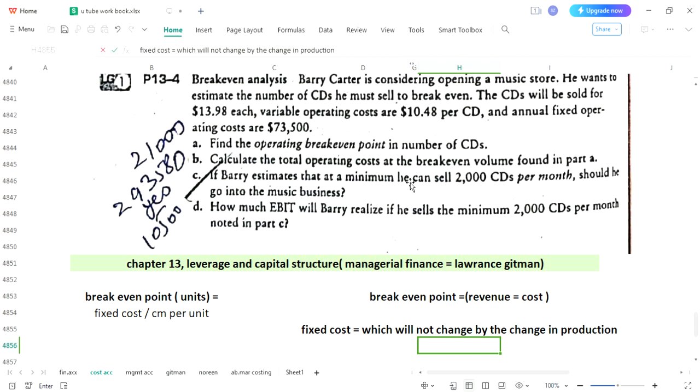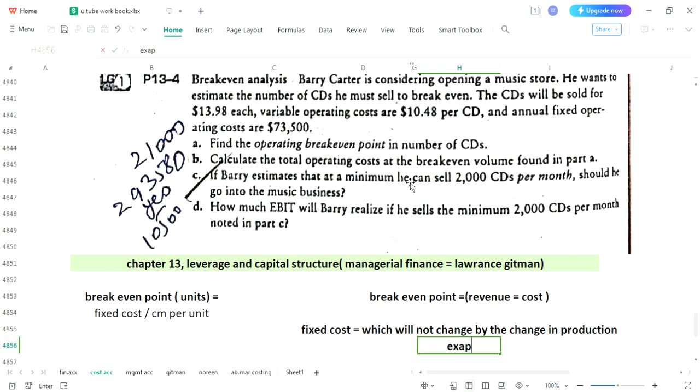A cost which is fixed, no matter if you are producing 10,000 units or 10 lakh units, that cost would be the same. Your level of production is low or at its peak, that cost would be the same. If you are working with a small number of workers or a large number of workers, that cost would be the same.